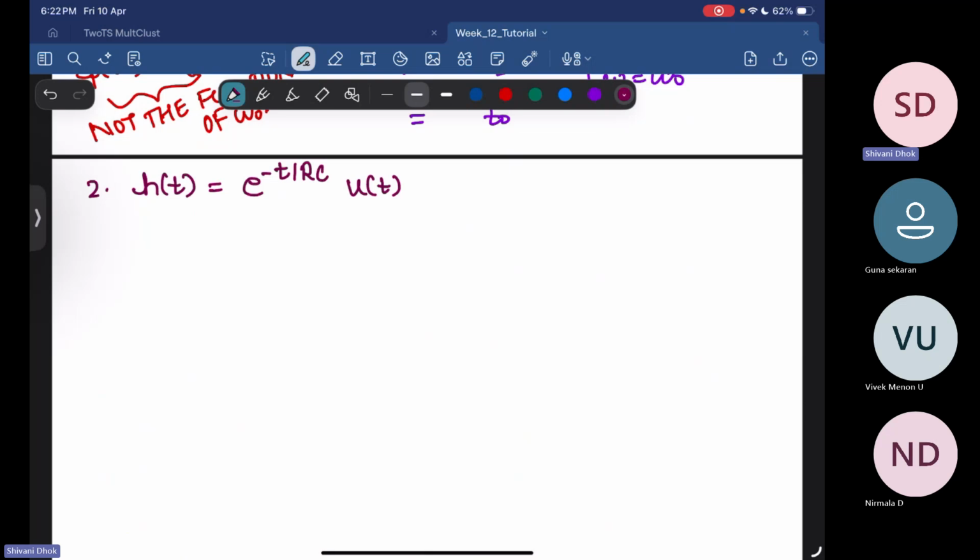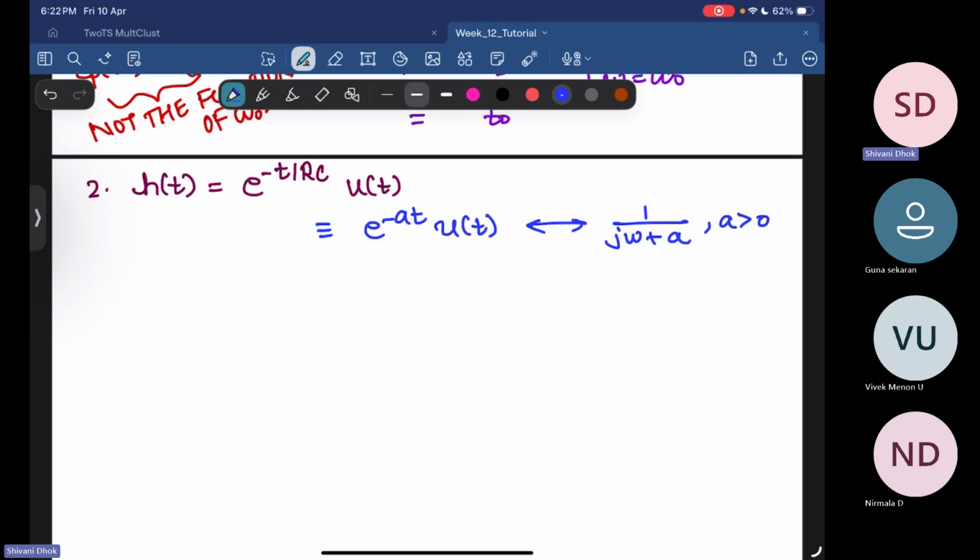This is equivalent to e power minus a t u of t, and the Fourier transform of this is a very standard result. This you should also start remembering. The Fourier transform of this when a is positive is 1 over j omega plus a.